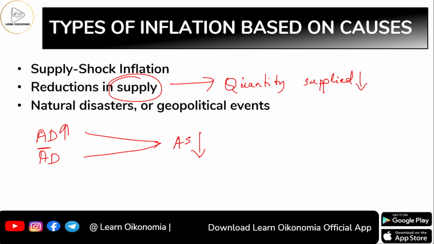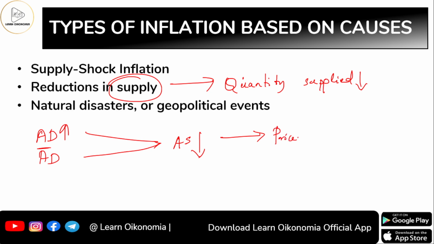Aggregate supply can come down due to some war, something called geopolitical events. You might be knowing about the Ukraine-Russia war and the problems that happened with respect to oil and all. So there was something related to an oil shortage, oil crisis kind of scenario that happened for at least some period of time, that was driving the prices up, isn't it?